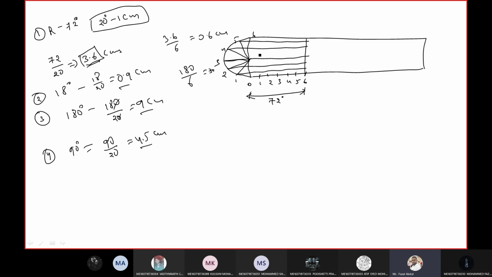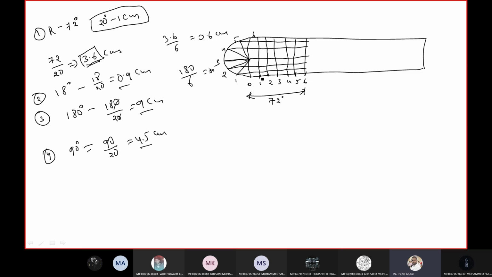Okay, now draw vertical lines through the points appearing on the horizontal line. I'm drawing here. Now where the similar points are intersecting, denote that point.